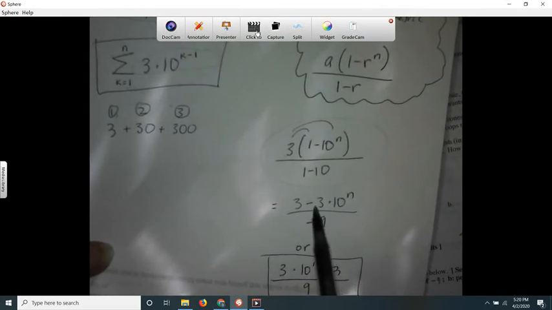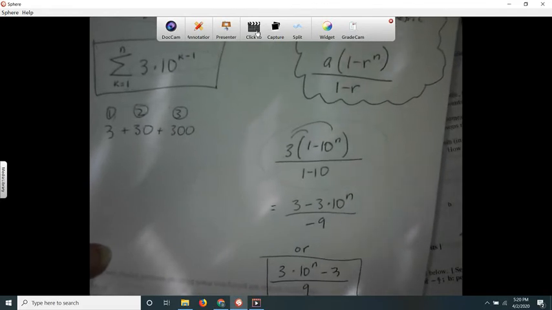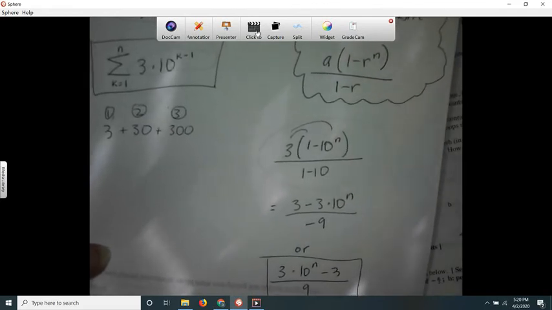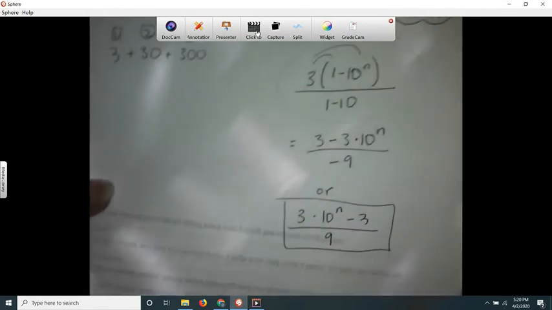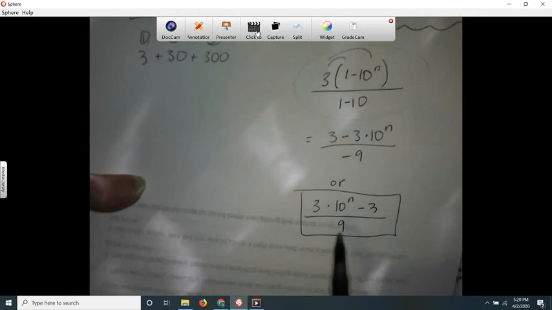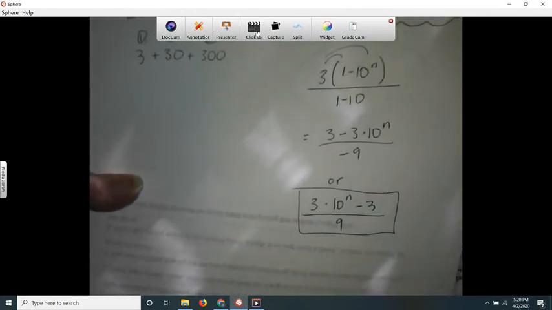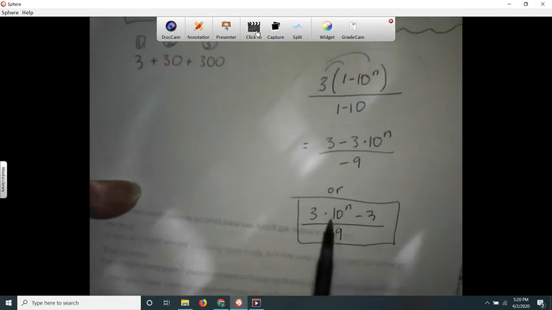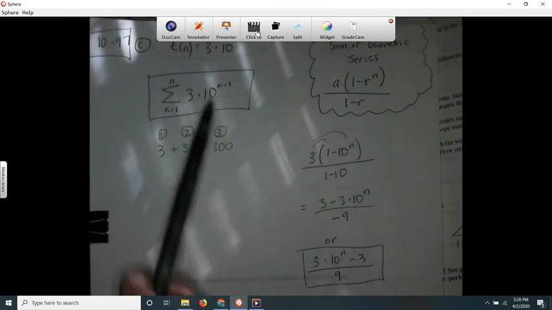And then if you wanted to move the terms around and multiply the top and bottom by -1 so that you don't have that negative sign down there, you could just switch this around and make it look like this. This is what your answer key has. And so these are the two answers that your book is looking for.